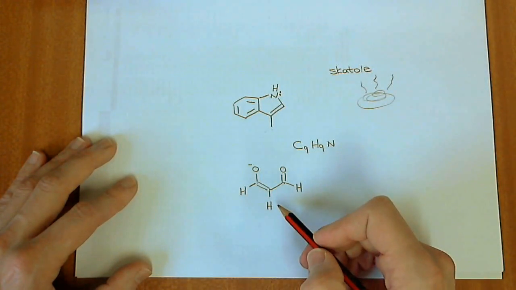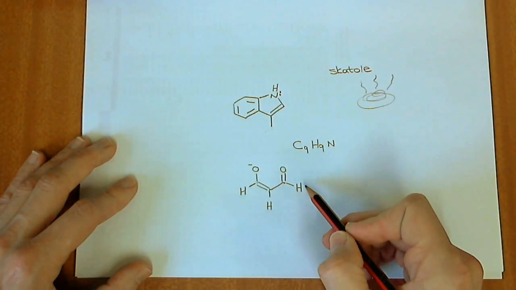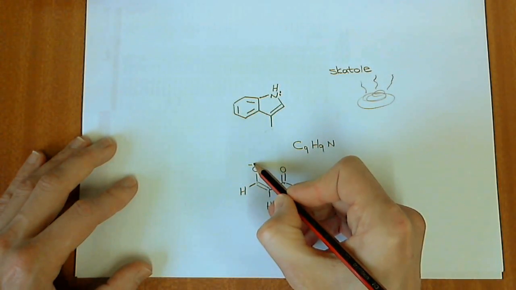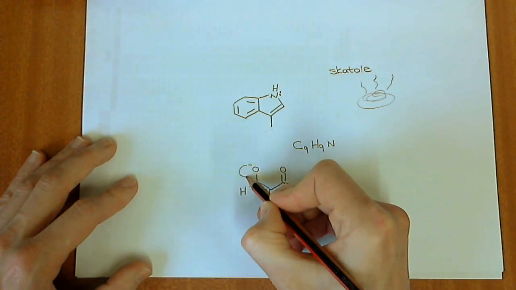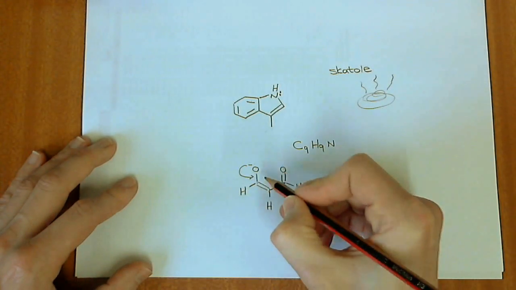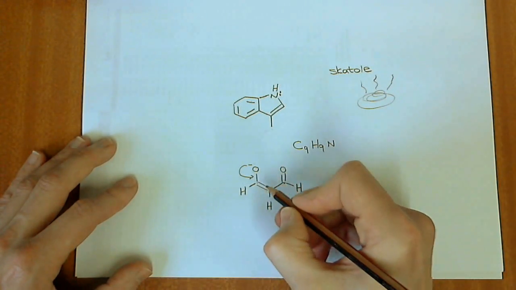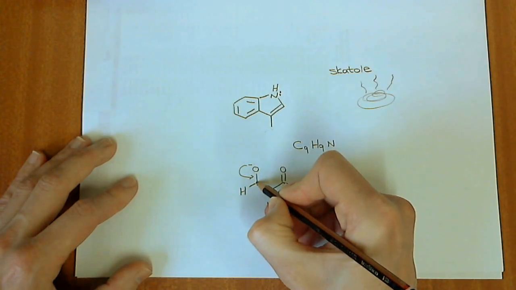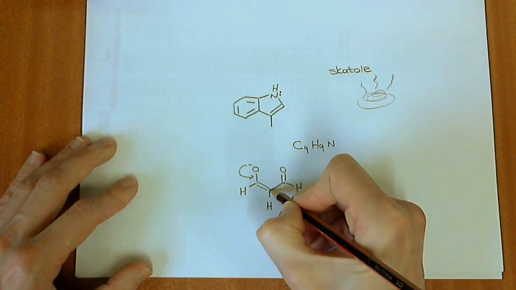Now for resonance, if we had to draw out a resonance structure of this, we can do this because where the negative charge is, if we move it in like this to form a double bond over there, it's next door to a carbon. This oxygen is on a carbon that already has a pi bond on it.